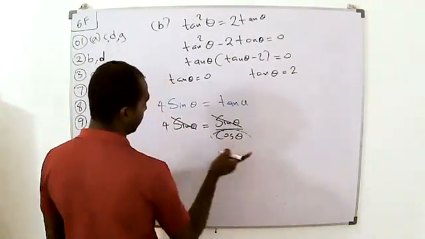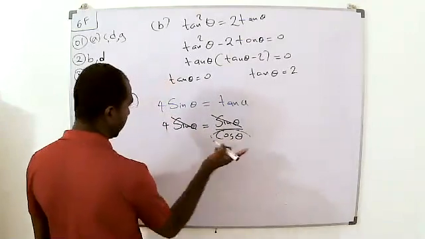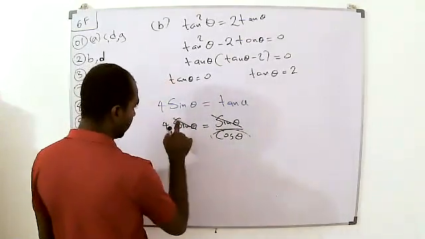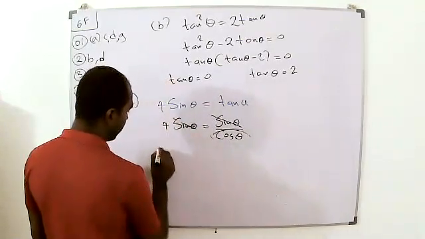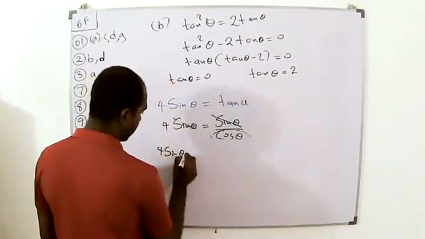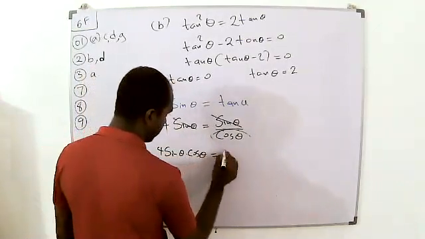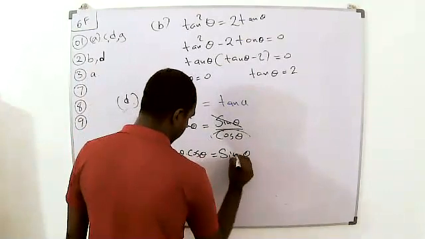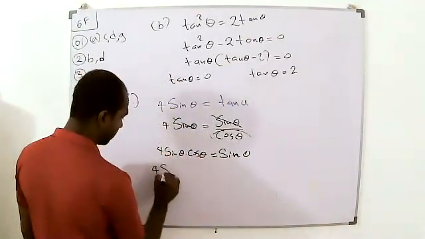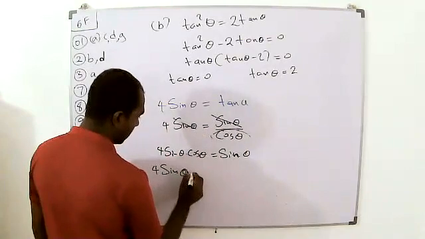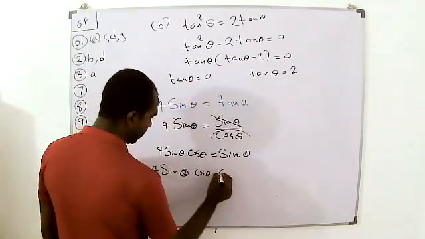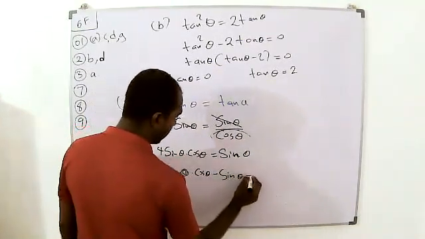So you can cross multiply with cos theta and take everything to one side without cancelling. So you will have 4 sine theta cos theta equals sine theta. And now take everything to one side: 4 sine theta cos theta minus sine theta equals 0.